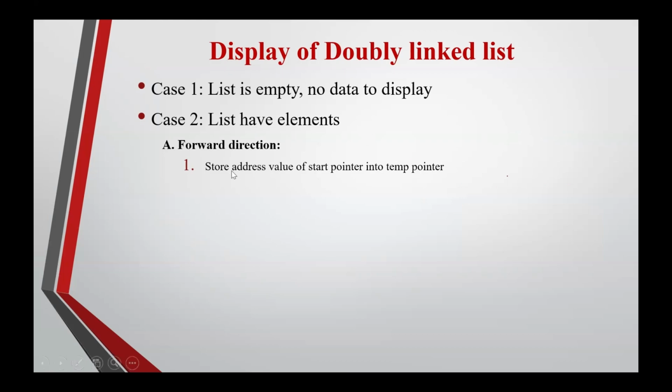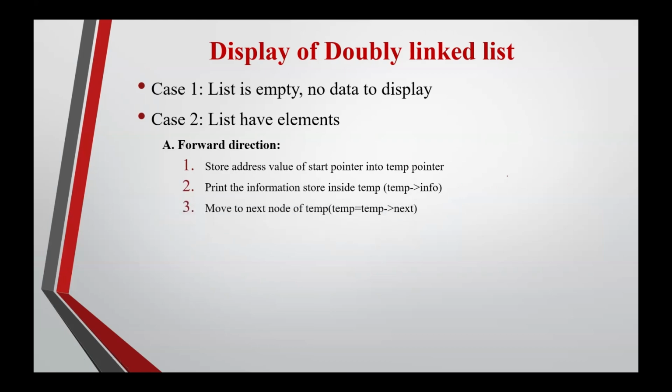If we go in the forward direction, store the address value of the start pointer into the temp pointer, then print the information stored inside temp, that is temp info. Then move to the next pointer of the node temp, and continue steps 2 and 3 until we reach null, that is the end of the list. This is for forward.